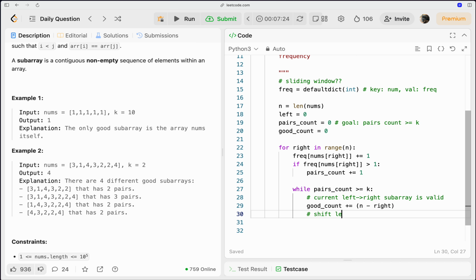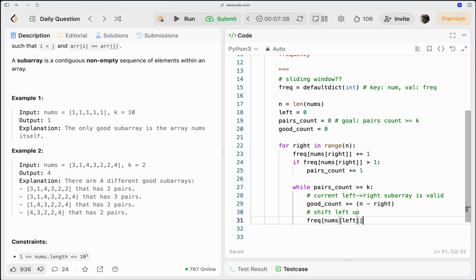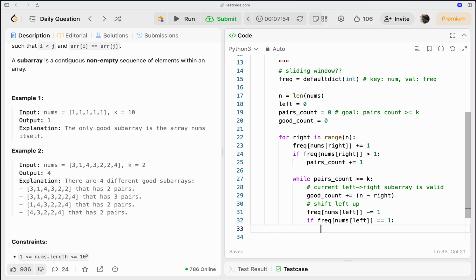And then I think we just want to shift left up to try to make it not valid. So to shift left up, we first need to say frequency nums left minus equal to 1. If frequency nums left equals 1, so if after decrementing it, it's now 1, that means we lost a pair.